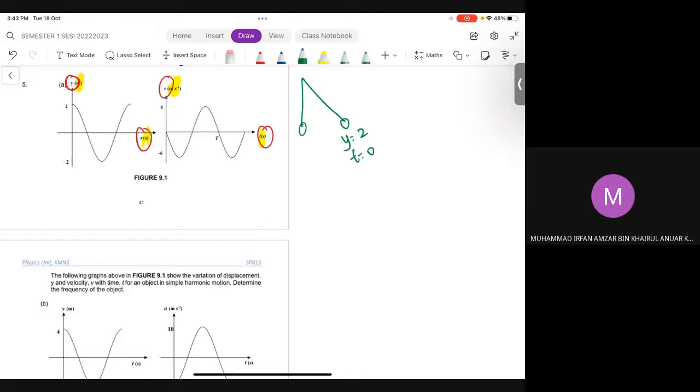So berada di puncak lah. Okay, so they ask you to determine frequency. Apa simbol frequency? F. Okay, that's why they ask you to analyze graph. So you kena tahu baca graph. So bila y, ini adalah A, ini adalah apa? Omega. So you ada A, you ada omega. So omega adalah sama dengan 6. A adalah 2. So you can get the omega. So 6 divided by 2, you get 3 rad s^-1.